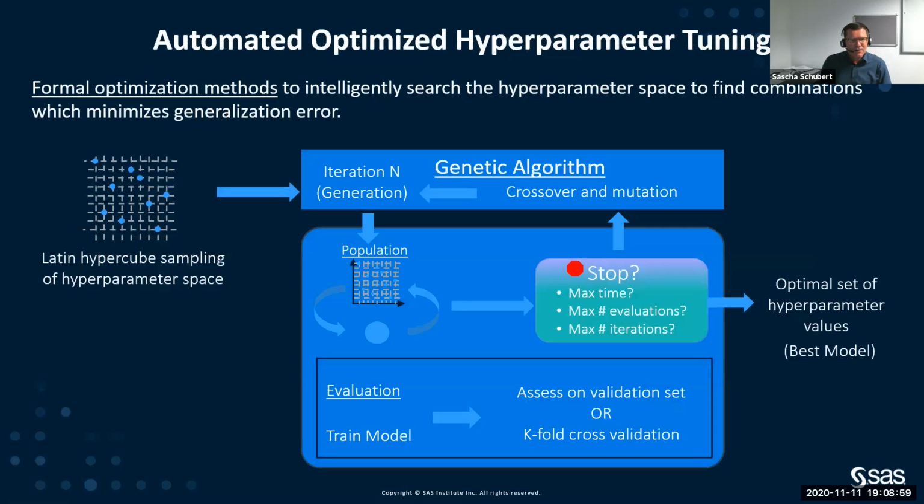And that's what we are using in our automated optimized hyperparameter tuning, where we have an optimization algorithm running in the back, going through all these different possible combinations, finding the best one, and checking it, and providing you with the best model in the least time that is available. Obviously, you can set your constraints of how many iterations you want to do, how much time you want to give that search, so that it doesn't take weeks.